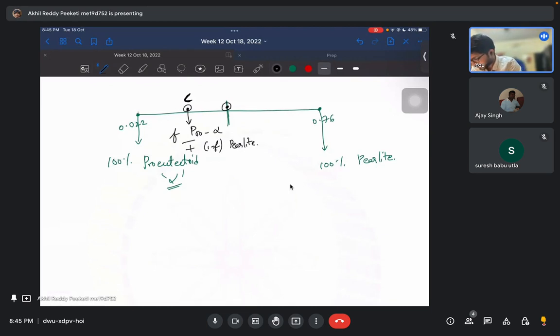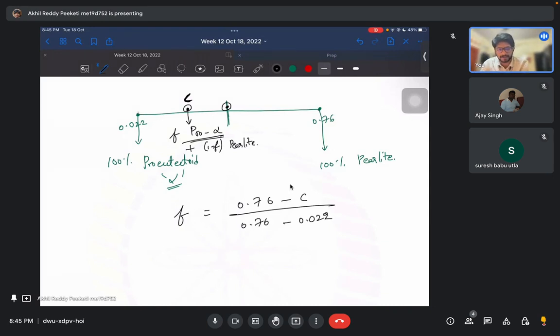We need to see just above the eutectoid point how much is alpha. So for that we can directly use the lever rule: 0.76 minus C by 0.76 minus 0.022. This would be the fraction of alpha just above the eutectoid point, and so the fraction of pro-eutectoid alpha in the final case also.